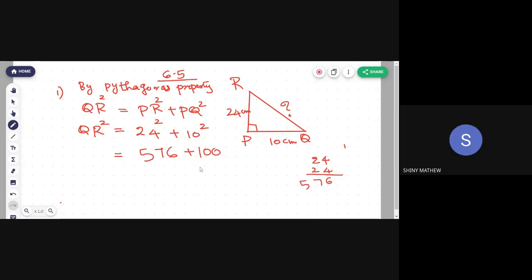Okay, that is 576 plus 100. So what is QR square? QR square is 676. So for QR, if we know the square, we have to find the square root of 676.